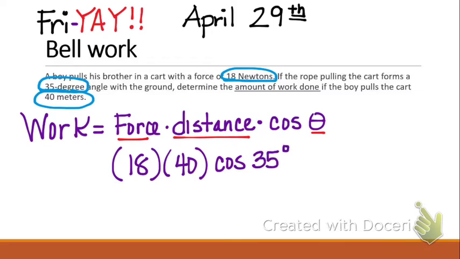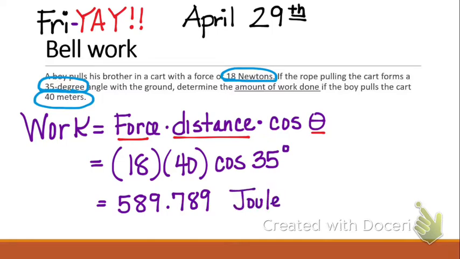So type that in your calculators. And you should get 589.789, and that's in joules. Joules is newtons times meters.